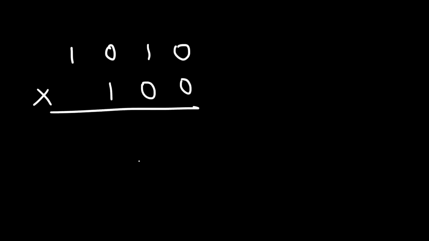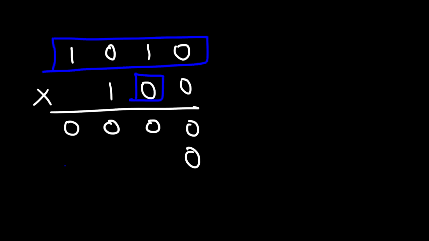Now let's try an example where we have a 4-digit binary number, and let's multiply by a 3-digit binary number. So here we have a 0, and we're going to multiply by these 4 numbers, and that's going to give us 4 zeros. Now to go to the next row, we need to add another 0. And 0 times these 4 numbers will give us 4 zeros.